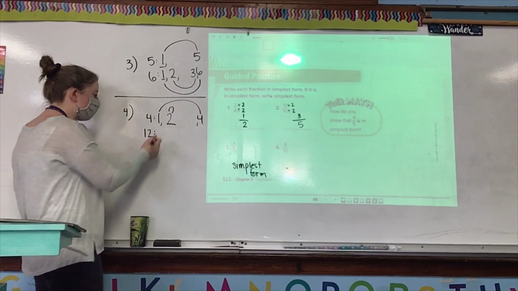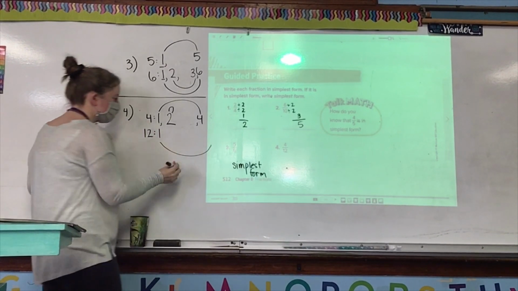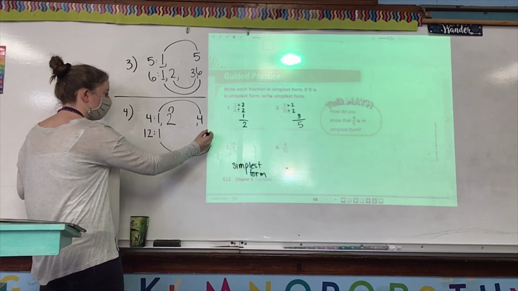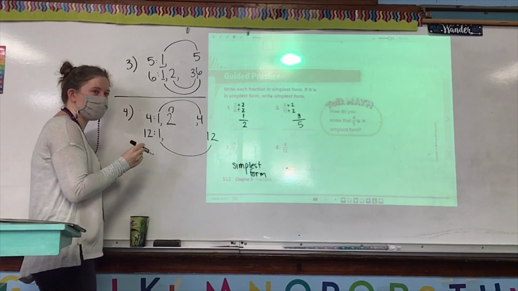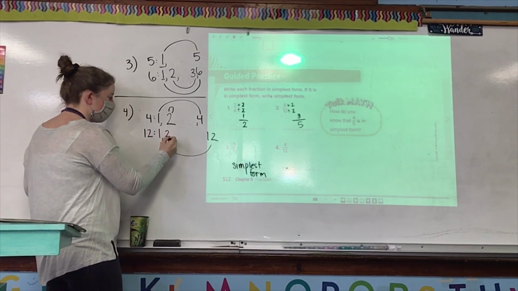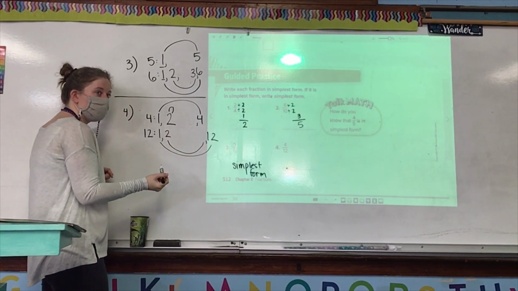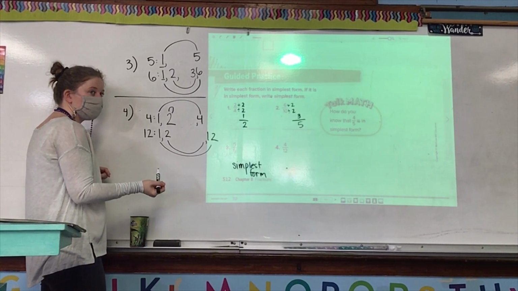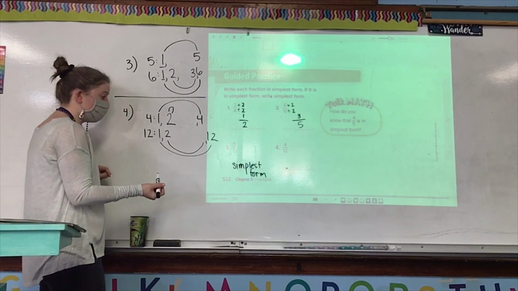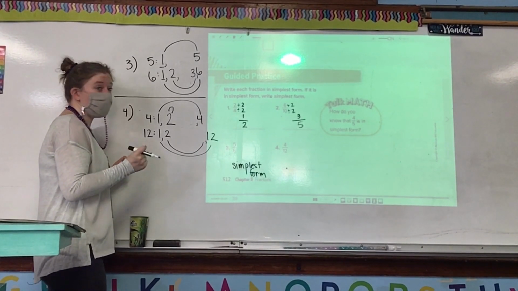Good. Now 12, first factor of 12. 1. 1 is a factor pair with 12. 12 is even, so what's the second factor? 2. 2 is a factor pair with 5? Not 5. 2 times 5 is 10. Now, you've got to know your basic facts.